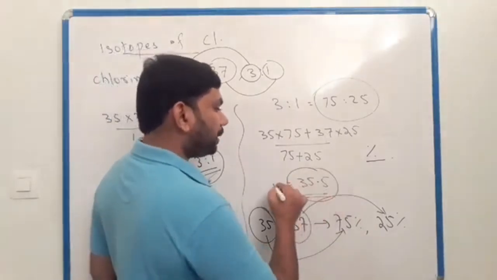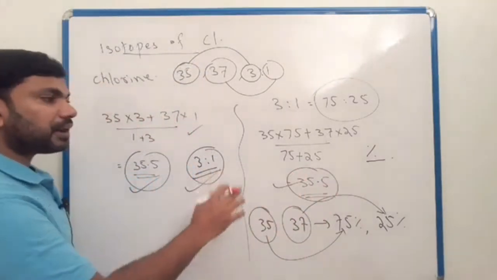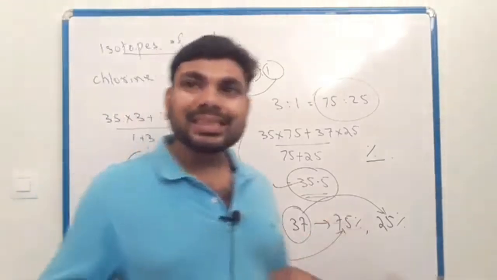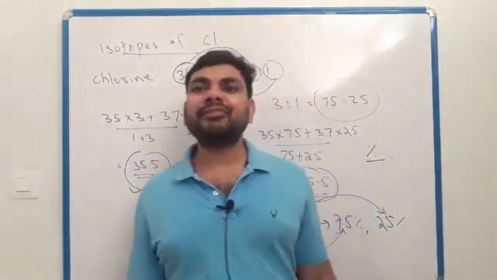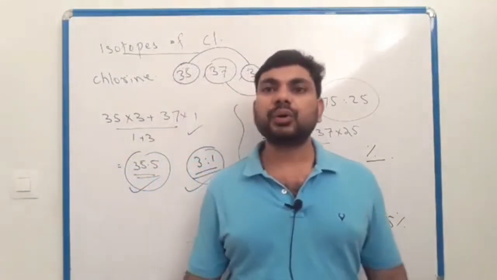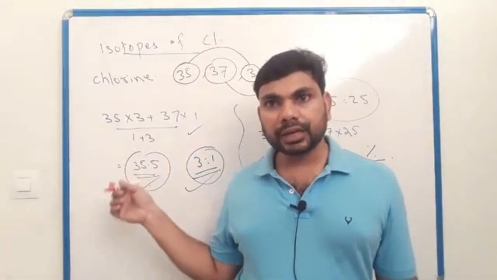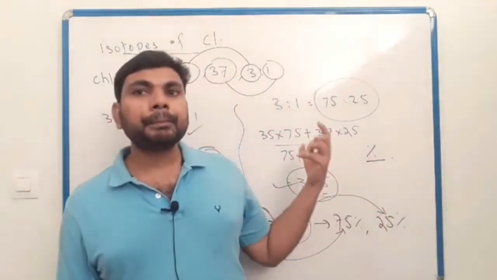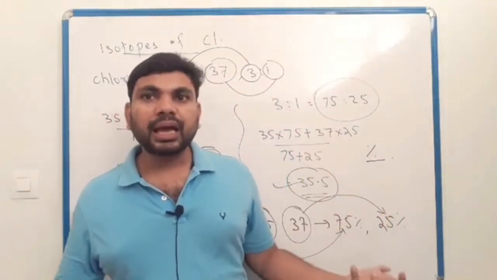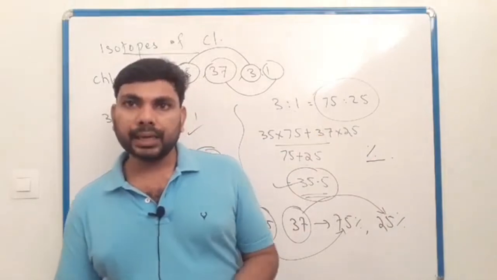Its answer will also be 35.5. So using this method you can find the average atomic mass of any element using ratio, and also using percentage.